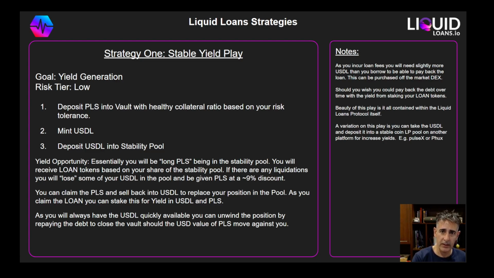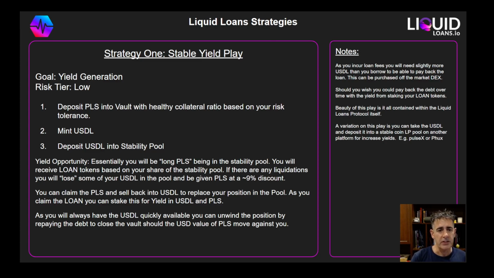So the yield you're getting from that position is the loan token. Now, what do you do with the loan token? Well, you can choose. You could go sell it for USDL and capture that yield in USD terms, or you could put that loan to work further in the protocol. And we'll talk about that in a second.